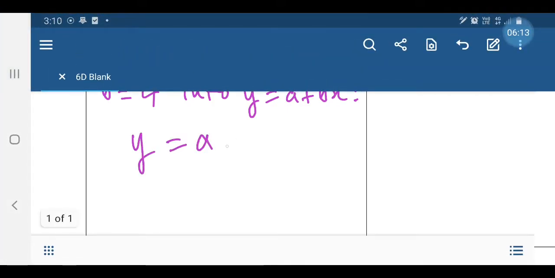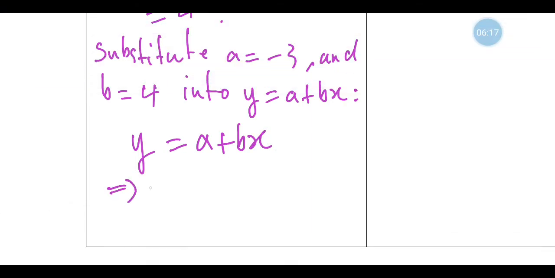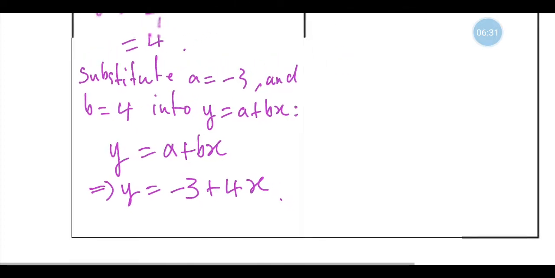So y equals a plus bx becomes y equals -3 plus 4x. Full stop. That's it. That's our equation.